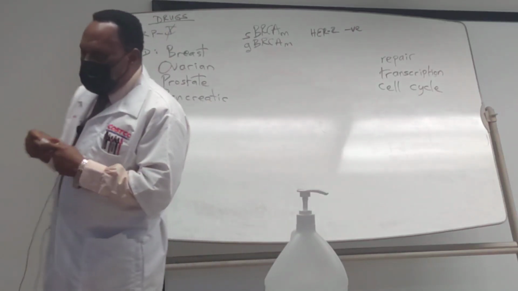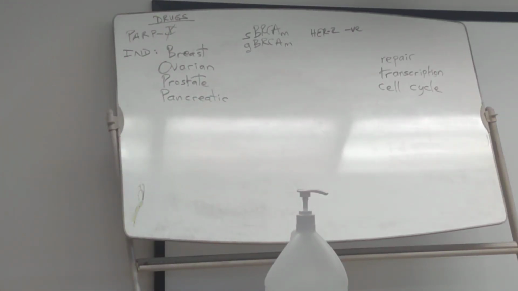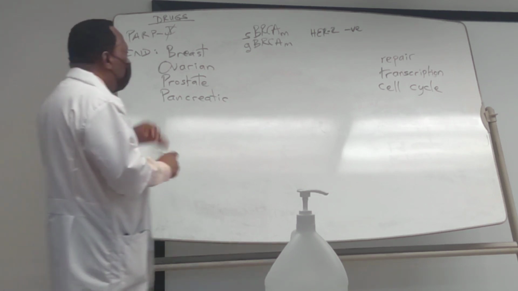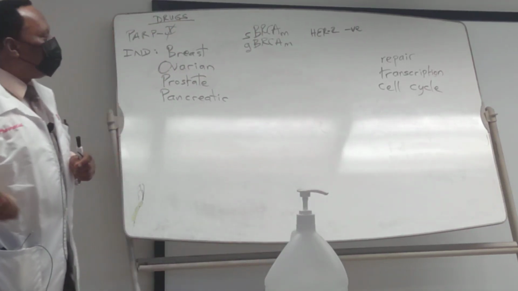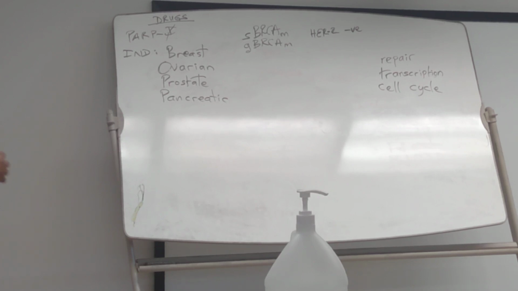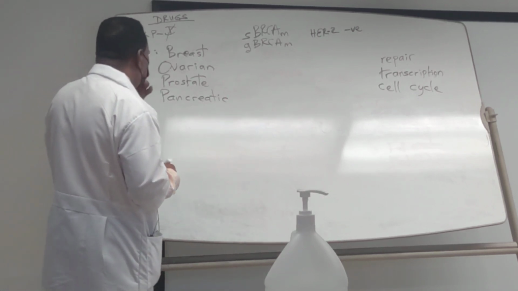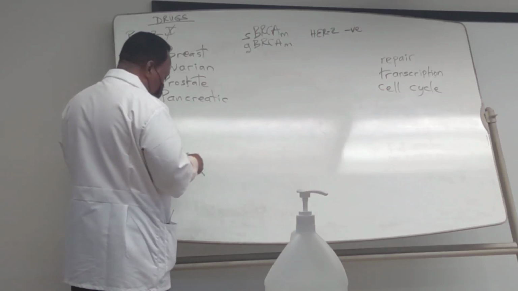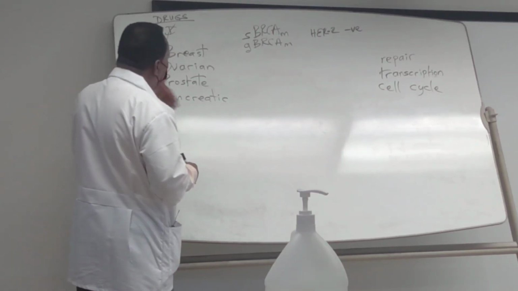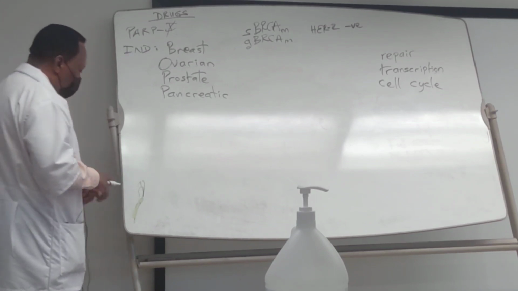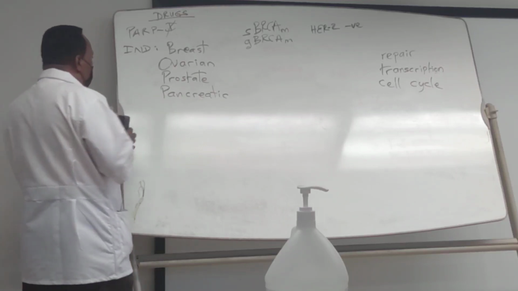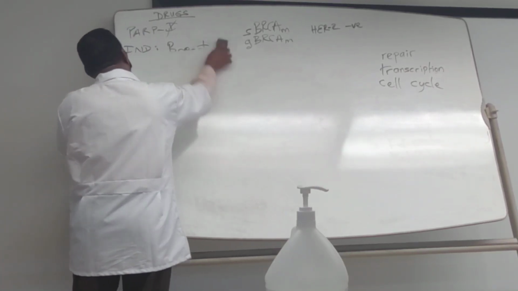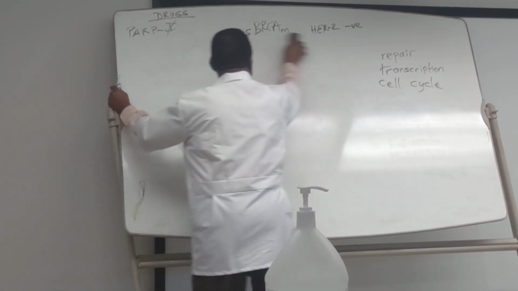So you only use olaparib when you have a metastatic cancer, that is severe or serious cancer, that is HER2 negative in terms of the receptors that it binds to. But remember, it is after an initial therapy with chemotherapy drugs. So those are the indications.